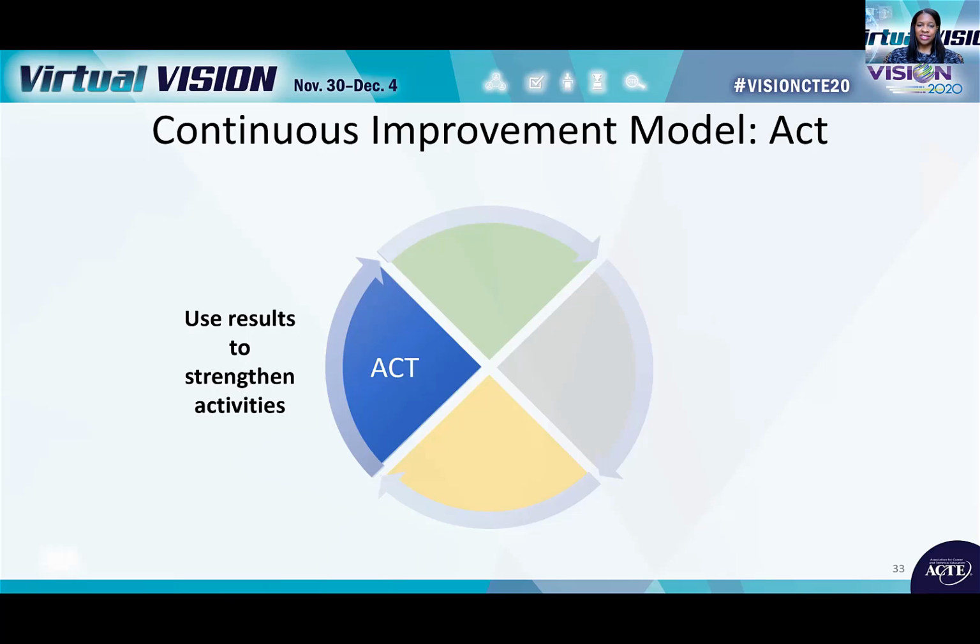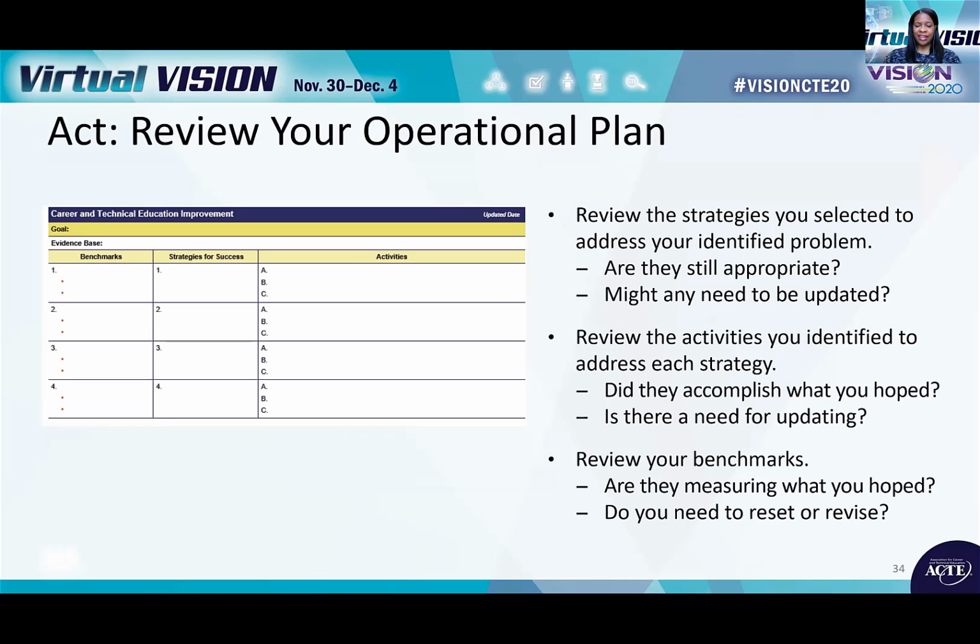Or, again, to solidify and strengthen areas where you are seeing the results you expected. And here, you would look back at an operational plan to look at what the next goals are or what those goals were and different ways in which you can address the problem.